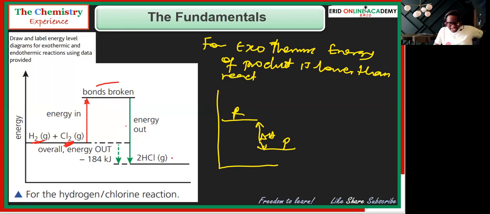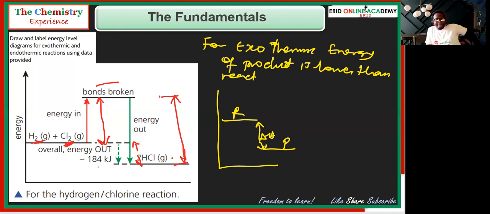But the energy released from here to here is more than the energy absorbed from here to here when bonds are broken. So the difference, from here to here, is your minus 184 joule.